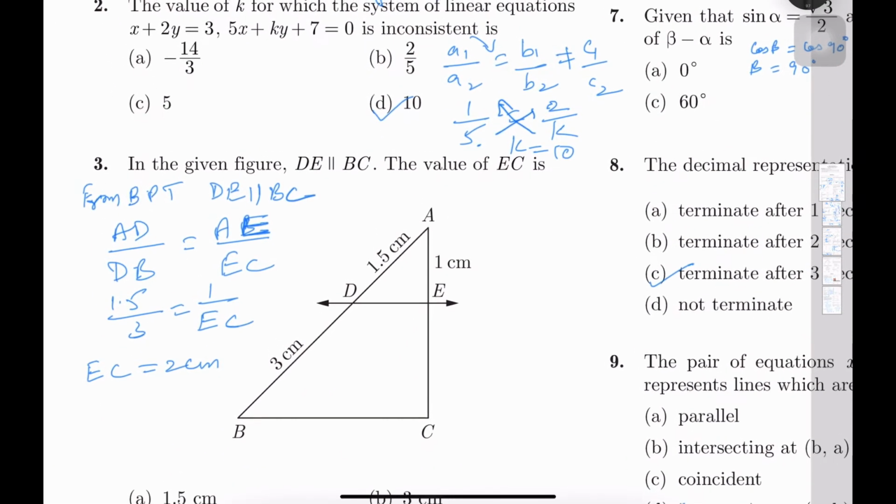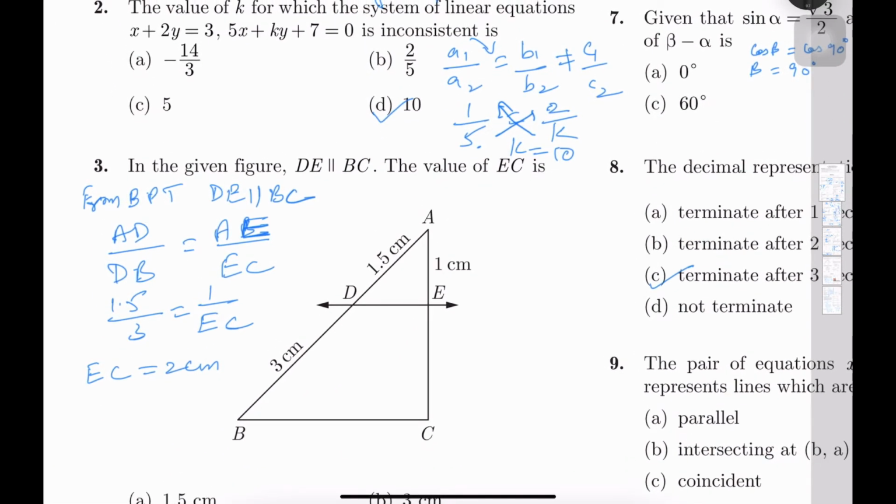In the third one, in the given figure, DE is parallel to BC. So the value of EC is how much? Since DE is parallel to BC, we know that AD by DB is equal to AE by EC. So from BPT or from the corollaries, we get this condition, AD by DB is equal to AE by EC.